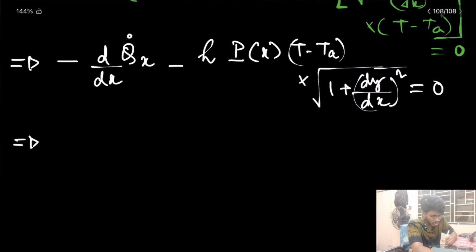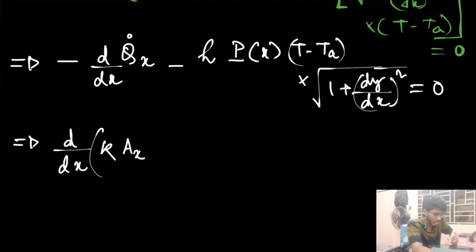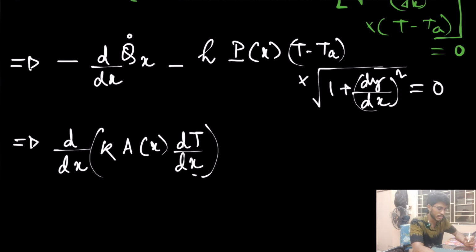Now from Fourier's law I can write this as this into k into A, that is a function of x. So either you can write the suffix to denote that it is area at x, or you can write the A bracket x. Okay, so this is dT/dx. And why is it dT/dx and not del T/del x?